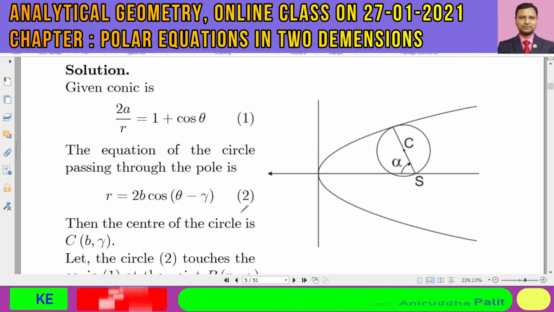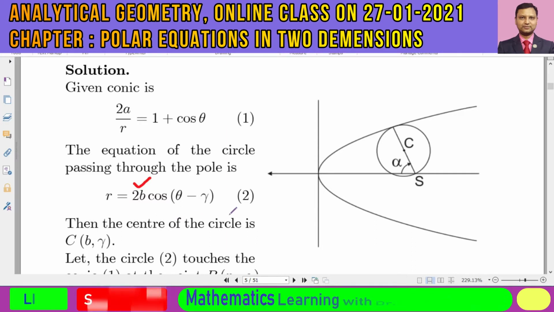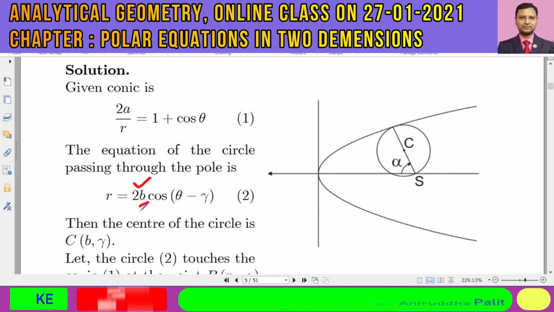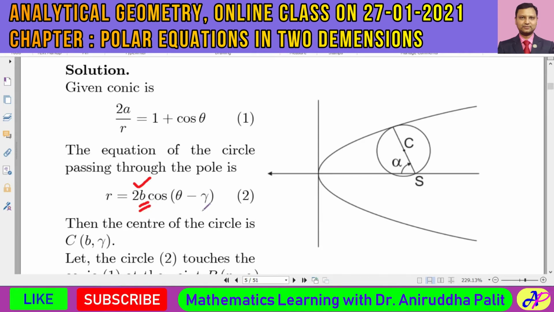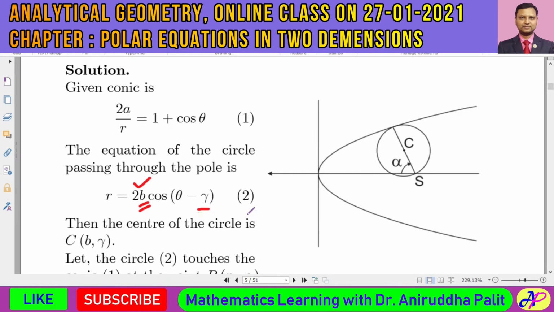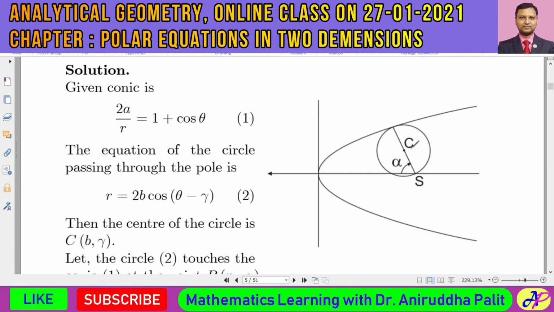So if we consider the model equation of the circle in this way, r is equal to twice b cos of theta minus gamma, in that case we need to determine the mathematical expression of this b and the expression of this angle gamma. In fact, what is gamma?